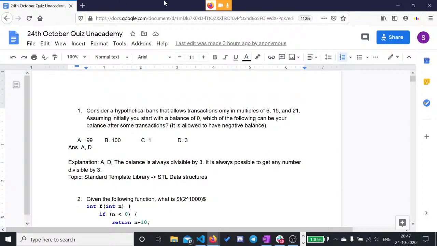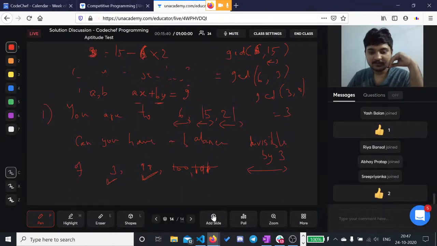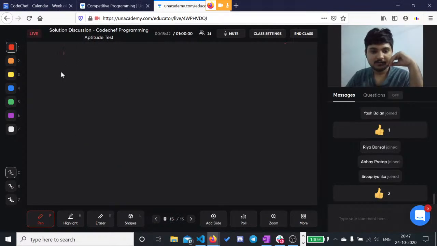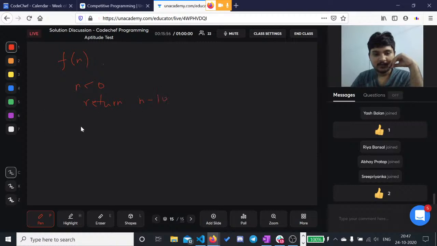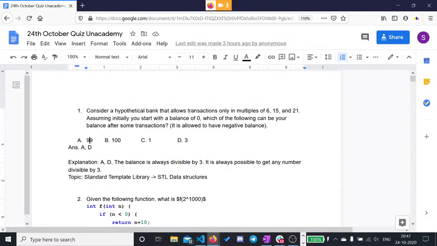The second one is interesting. You have the following function f of n, and if n is less than 0, you return n minus 10, and otherwise n plus 10, I believe.